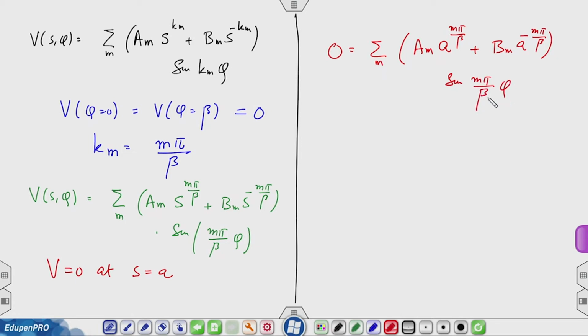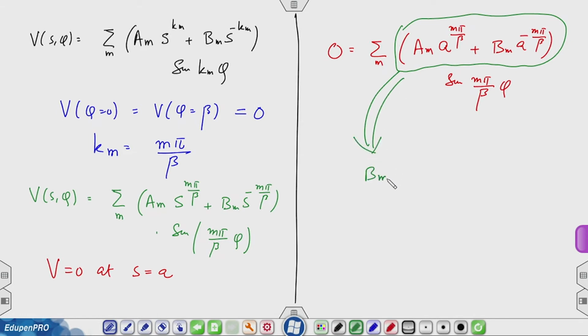This is true for all phi's, and this means that this term in the brackets should be 0 at s equals a, and this implies that B m is equal to A m a raised to 2m pi over beta with a minus sign in front.